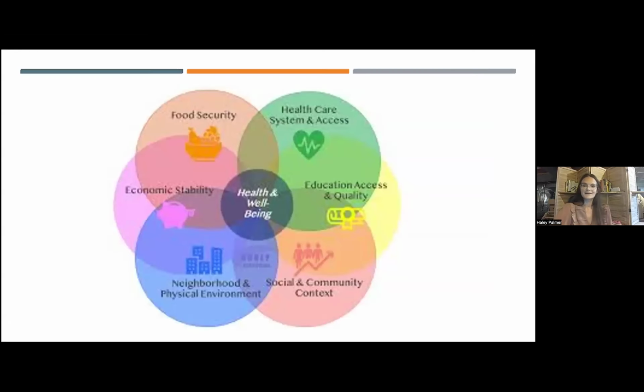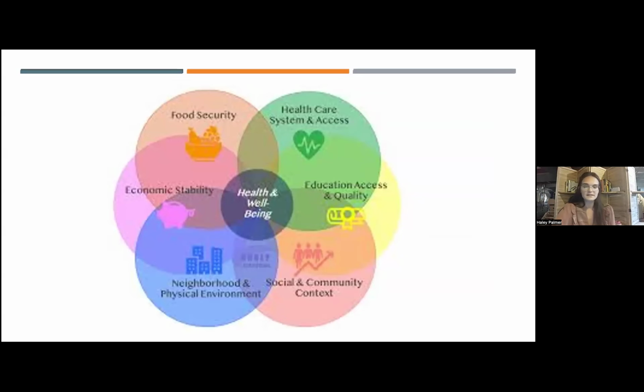Here is an example of a graph that I like when discussing what social determinants of health are. These are the concrete and abstract factors of an environment that a person is born into, lives, works, worships, socializes, and interacts with others in.